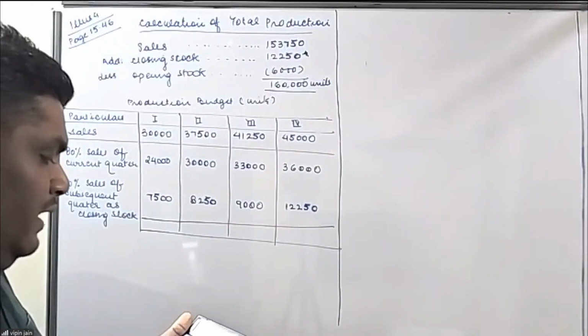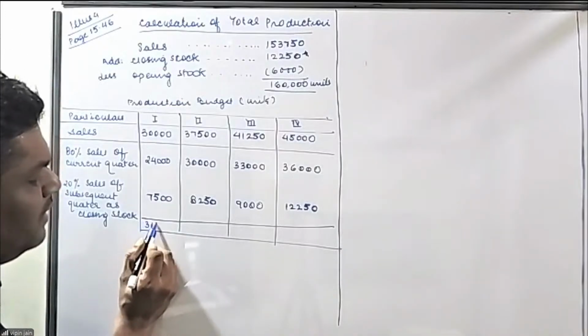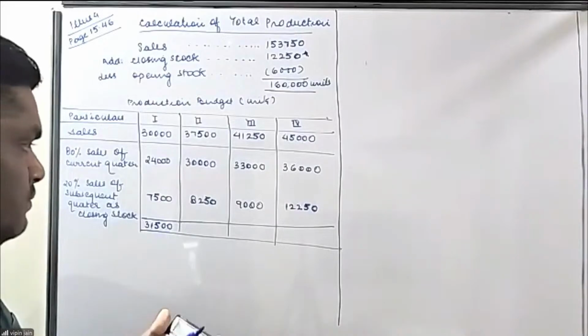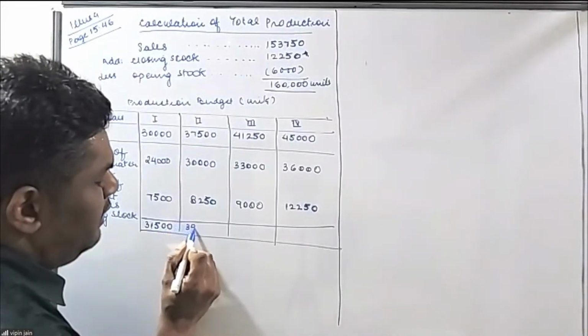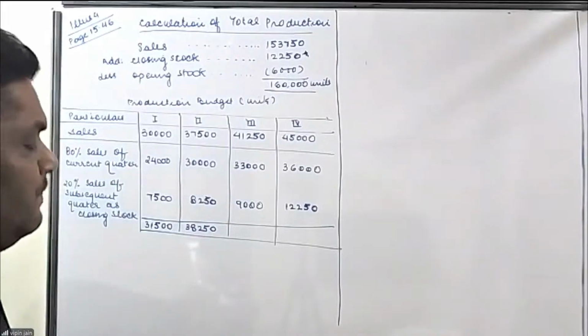So let's calculate the total, that is 24,000 plus 7,500. This will be 31,500. This will be 38,250.